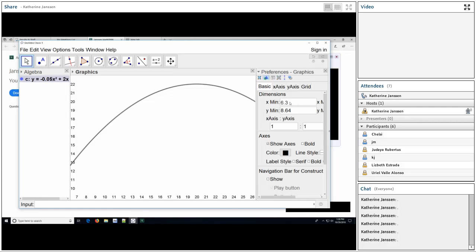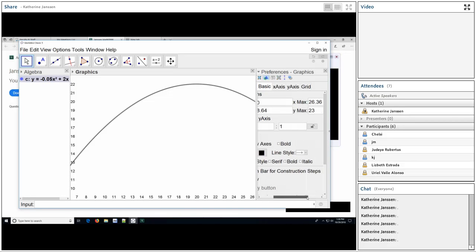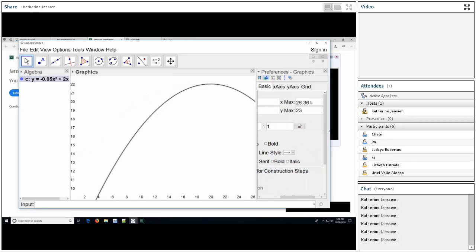So let's set our X minimum to 0. And our X maximum kind of looks like, on your grid, over and across 22 maybe.